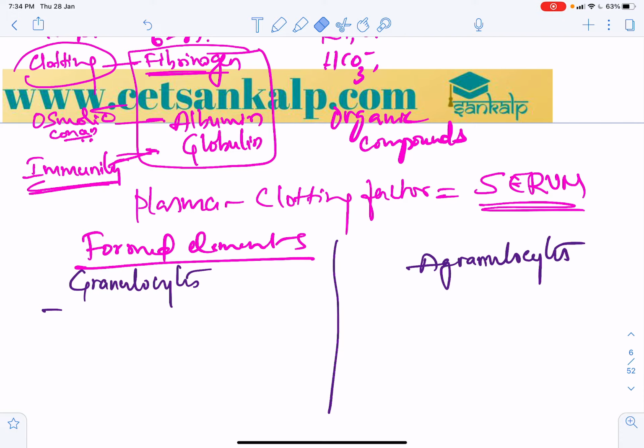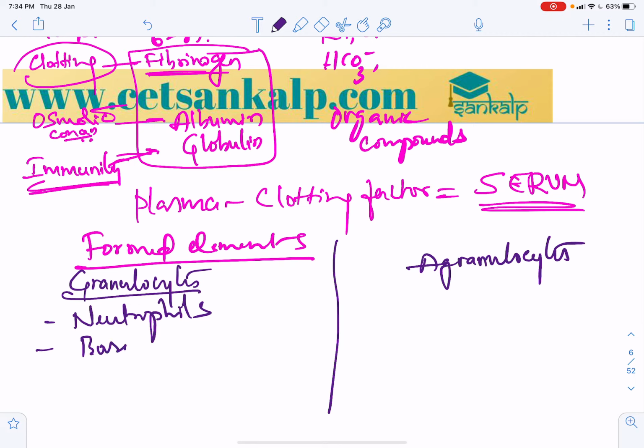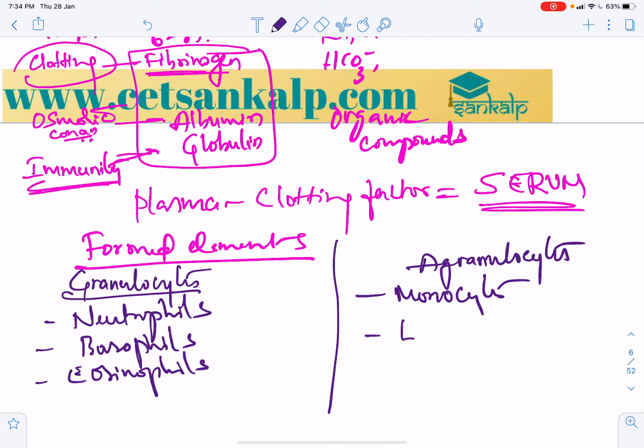Before that, let me give one simple chart where we can know about the different types of cells. Granulocytes include three types of cells: neutrophils, basophils, and eosinophils. And agranulocytes include monocytes and lymphocytes.